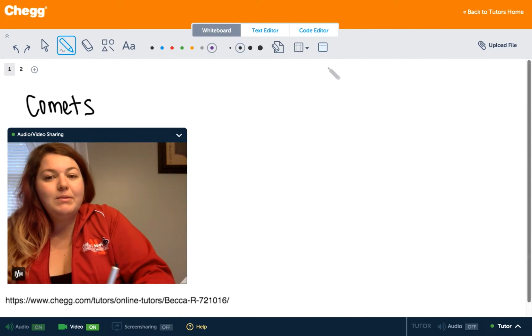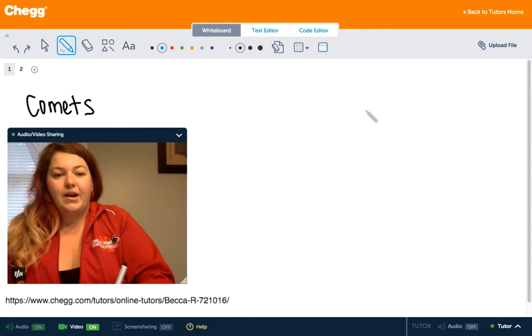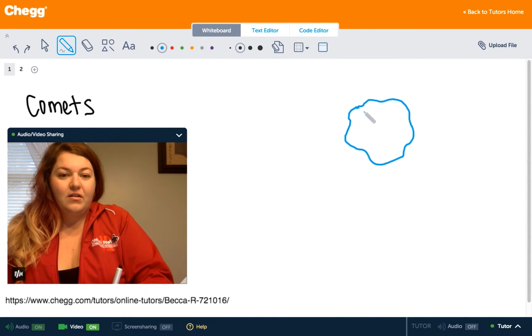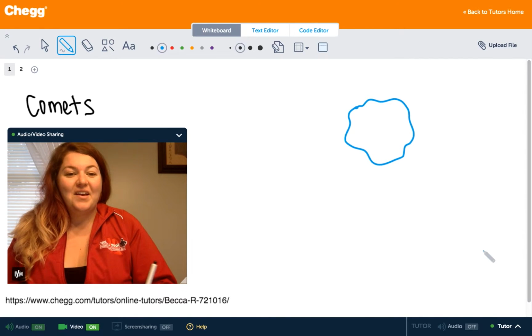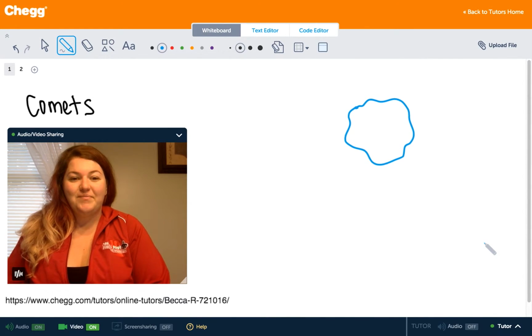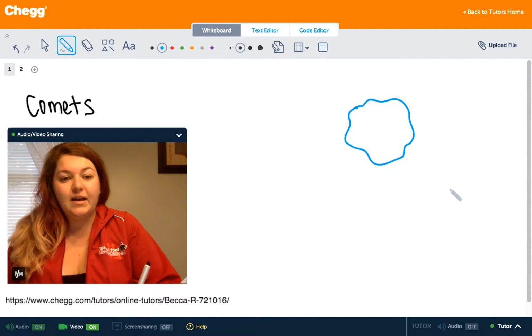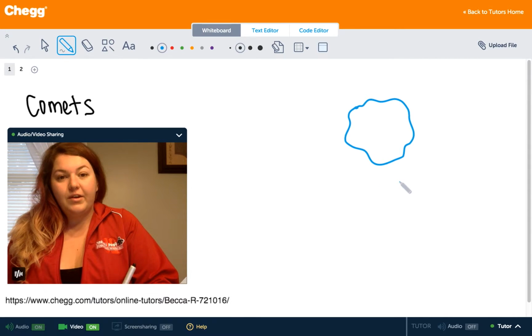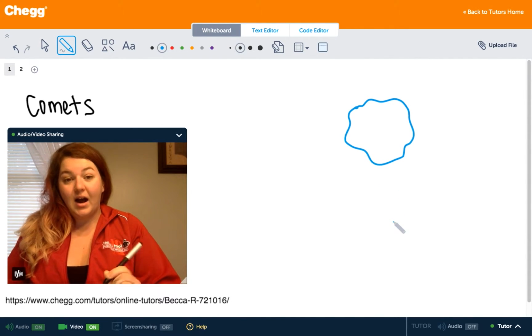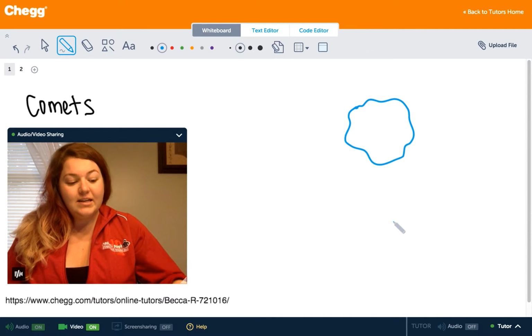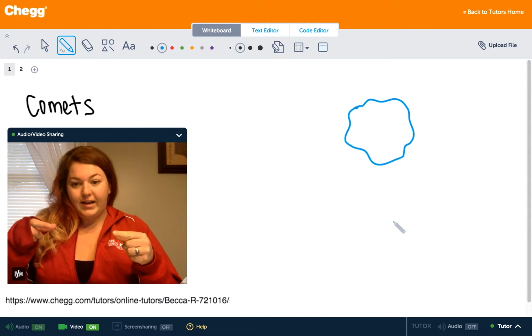Now, comets as they are out there are just these little rocks made of ice and rock and metallic material and things like that. But they don't actually have a tail when they're out far away from the sun. Comets tend to have particularly elongated orbits.